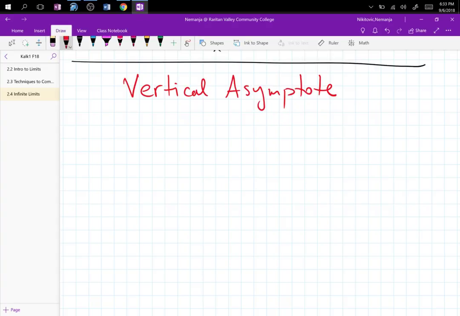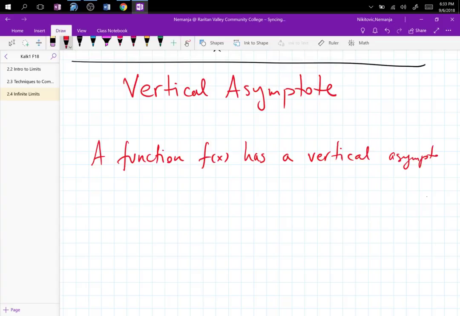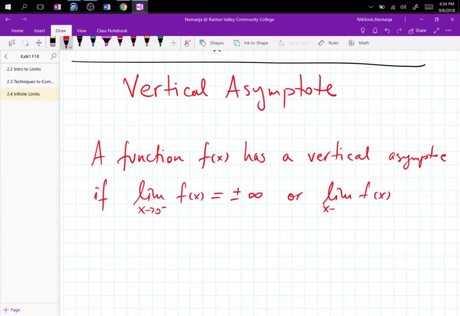So a function f of x has a vertical asymptote if the limit as x goes to 0 minus of f of x is equal to plus or minus infinity, or limit f of x as x goes to 0 plus is positive or negative infinity.